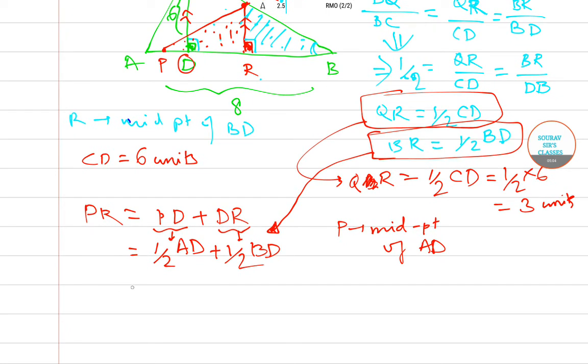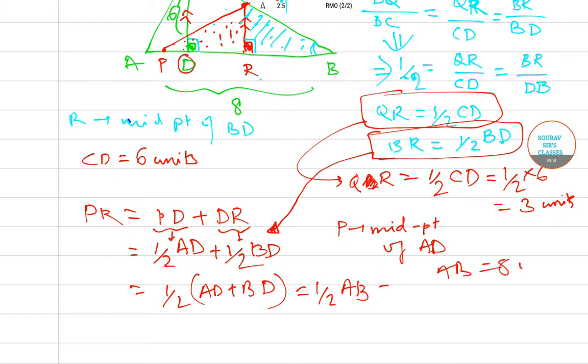So this will give us half of AD plus BD, which is equal to half of AB, and in the question we have been given that AB equals 8 units in length, so this will be half of 8, and this will be 4 units in length.